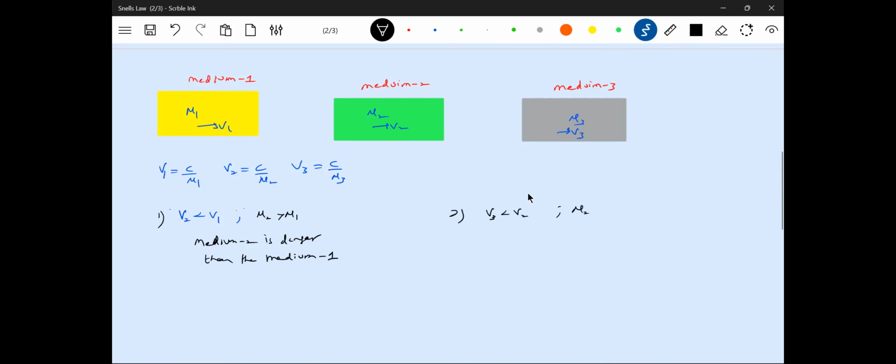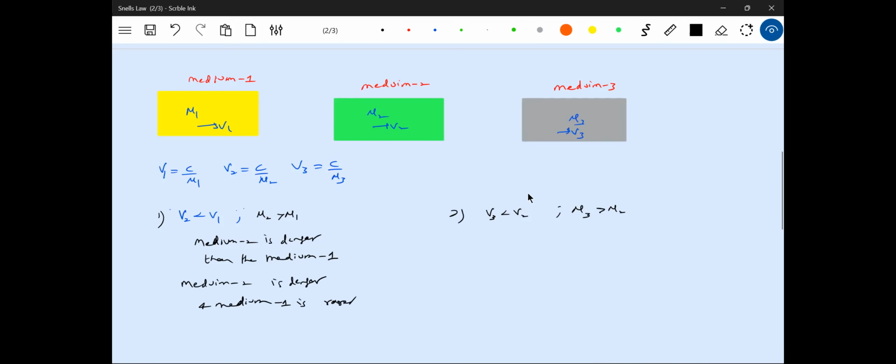In that case, mu3 will be greater than mu2. Medium 2 is denser than medium 1, and we can conclude that medium 2 is denser and medium 1 is rarer.